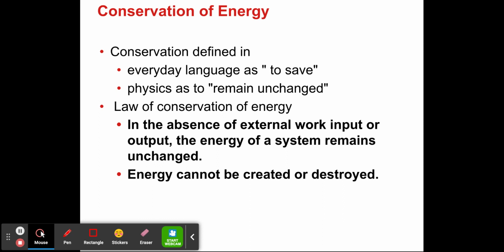But when we're talking about the law of conservation of energy here, what we mean in physics is that the amount of energy remains constant. It remains unchanged. So in the absence of an external work input or output, the energy of a system remains unchanged. Energy cannot be created, energy cannot be destroyed.